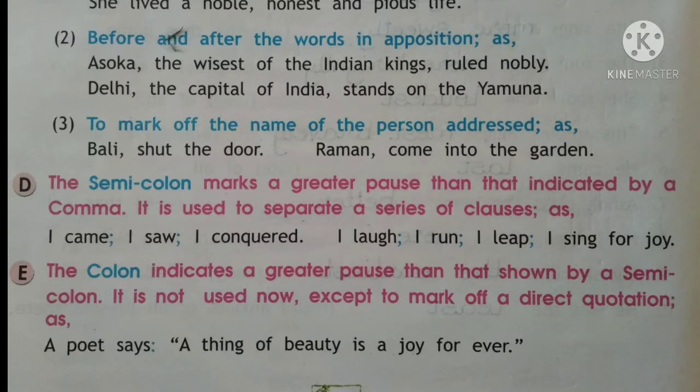Now the semicolon marks a greater pause than that indicated by the comma. It is used to separate a series of clauses. If we stop for less than a second at a comma, we stop a little more at a semicolon.